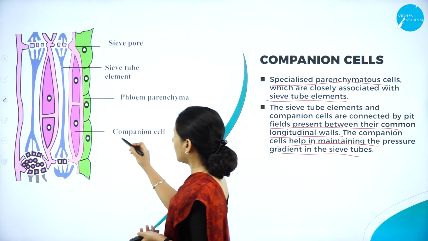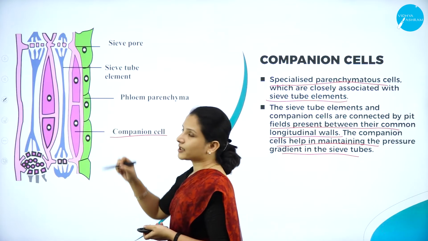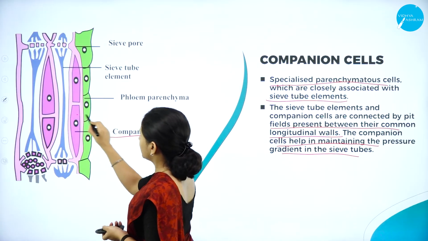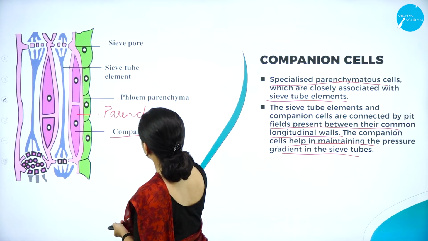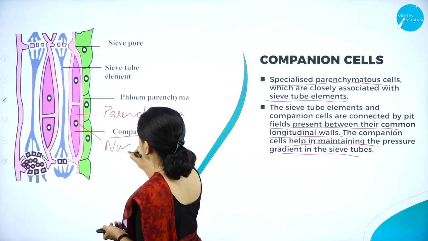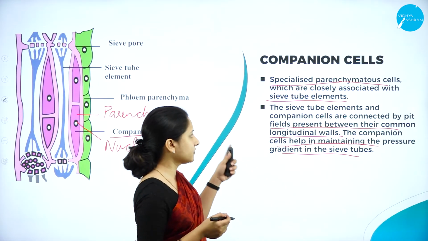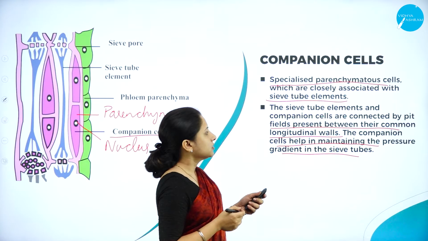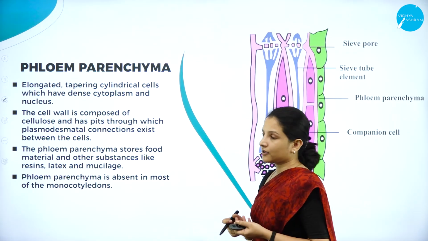So if you see, we have the companion cells here. They are elongated parenchyma cells, and they have a nucleus, and they have tapering ends. And next, moving on to phloem parenchyma.